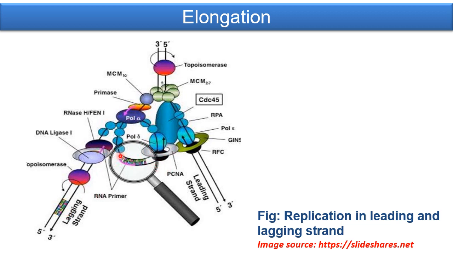Because of this loop, or because of this folding, there is an interruption in formation of the new DNA strand continuously. So due to this interruption, due to this nick-like structure, DNA polymerase delta cannot add bases continuously, and so the new DNA strands are produced in fragments, in stretches, each with primers at its beginning.